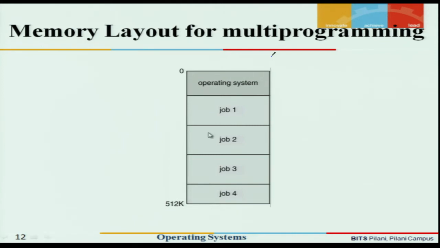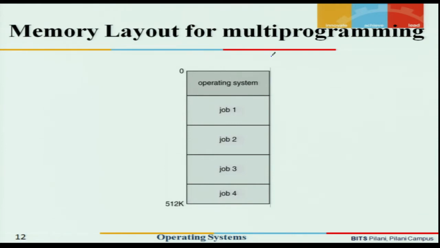Here we have n number of jobs and we need to protect one job from the other, and at the same time we also need to protect the operating system from all the jobs. Once multiple jobs are there, there may also be a requirement that two jobs want to share information. That is, job 1 may want to share some information with job 2.